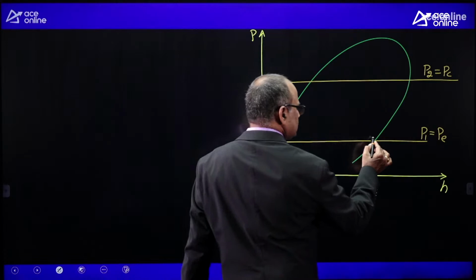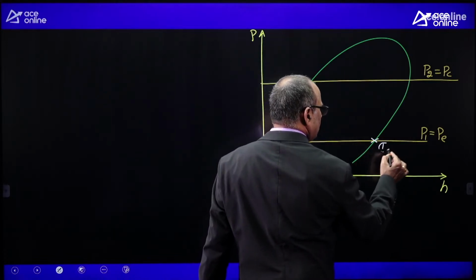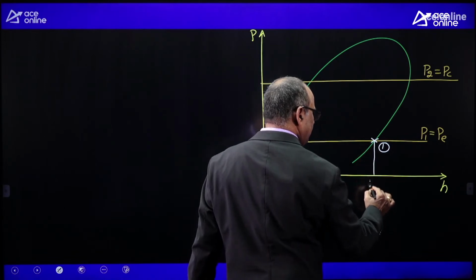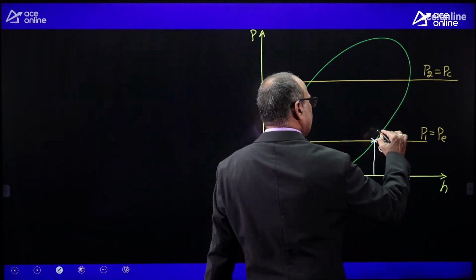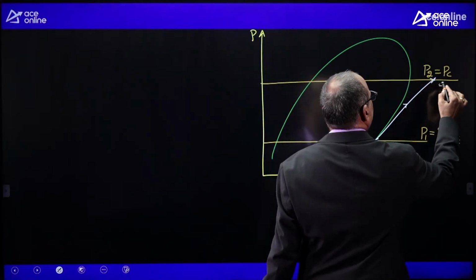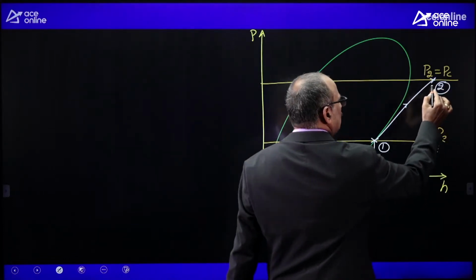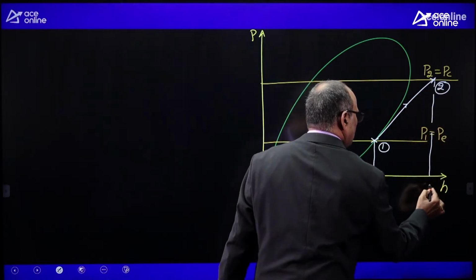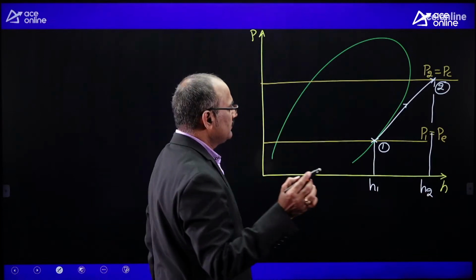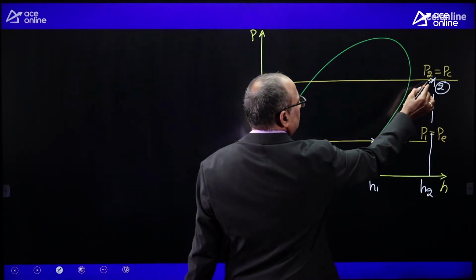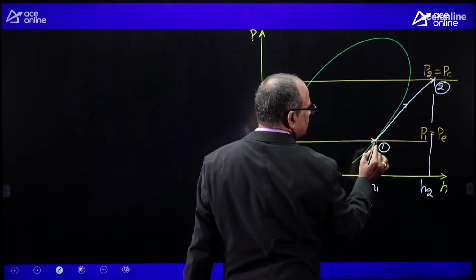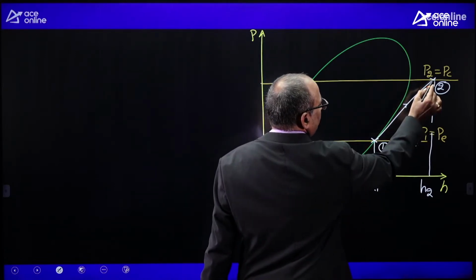This is the state of the compression for ideal VCR cycle where the enthalpy is H1. Given isentropic compression, 1 to 2, after isentropic compression the enthalpy of the refrigerant is H2. For the simple cycle, by the time the saturated vapor refrigerant is compressing, it is becoming superheated refrigerant.